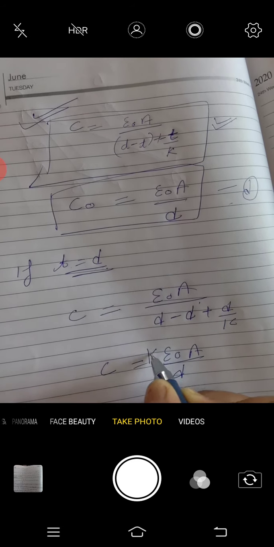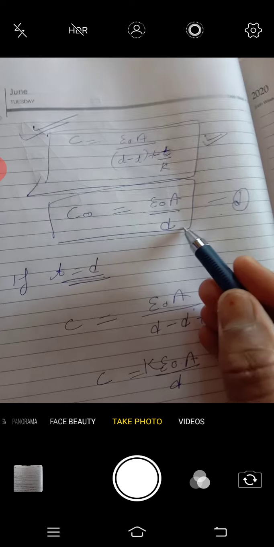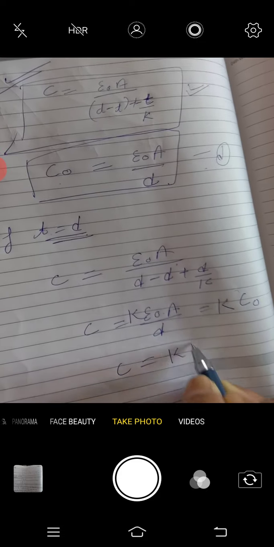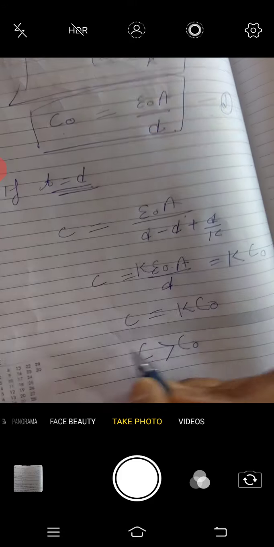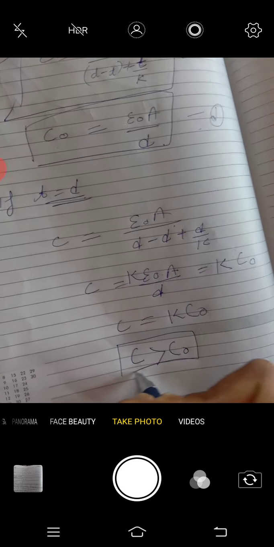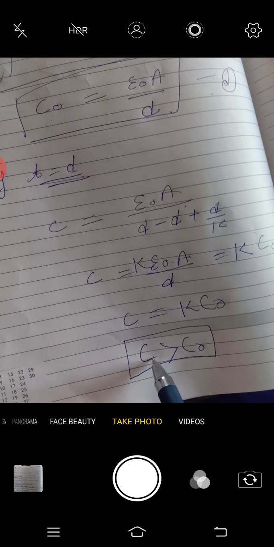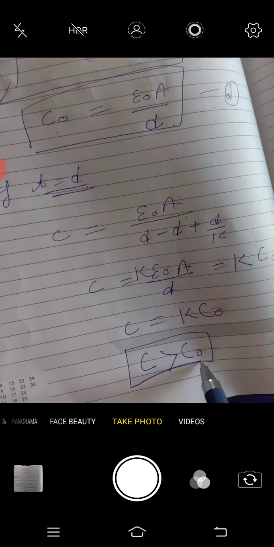That K I will take. So K, and what is epsilon naught A upon D? It is C naught, means when the space is empty. So C is equal to K times C naught, and simply we can say that C is greater than C naught. That means the capacitance when dielectric slab is there between plates is greater than the capacitance when vacuum is there.